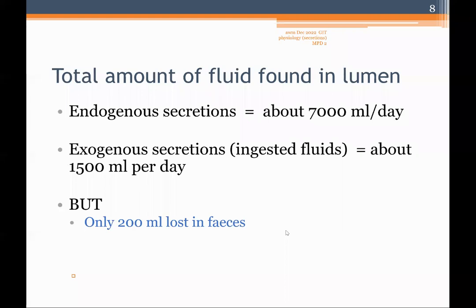Exogenous secretions are those that you ingest: the water that you drink, the sodas, the tea, the porridge, the food that you eat, whether it has soup or not. The exogenous secretions only total about 1.5 liters, compared with the 7 liters pouring in from the endogenous secretions. So you can see that in a day, you're going to end up with between 8 and 9 liters along the gut.